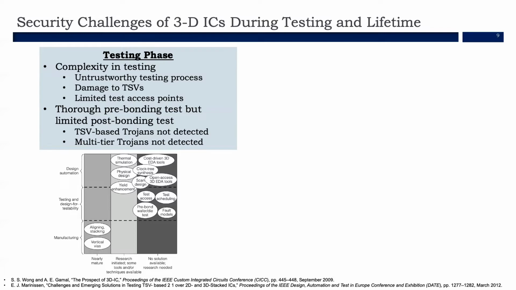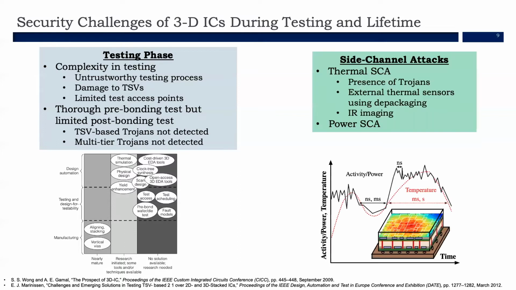In addition to that, during the testing process, the use of probes to test the TSVs can also damage these TSVs. Therefore, the testing process is not thorough enough, and this might lead to the non-detection of a TSV-based Trojan or multi-tier-based Trojans.